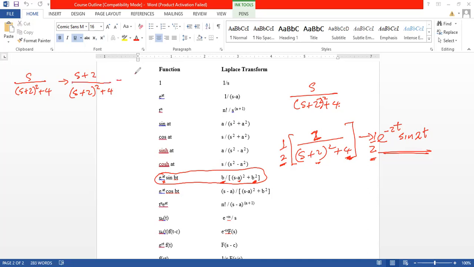So we're going to have a minus 2 over (s plus 2) squared plus 4. This part corresponds to, if we are following this down here, e to the minus 2t cos 2t. And this part here we already know is equal to e to the minus 2t sine 2t.